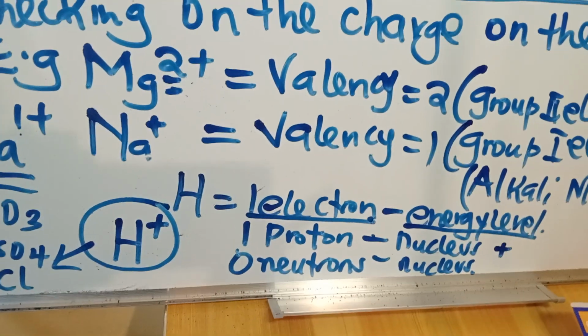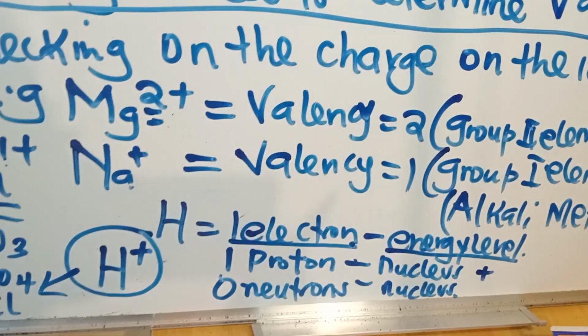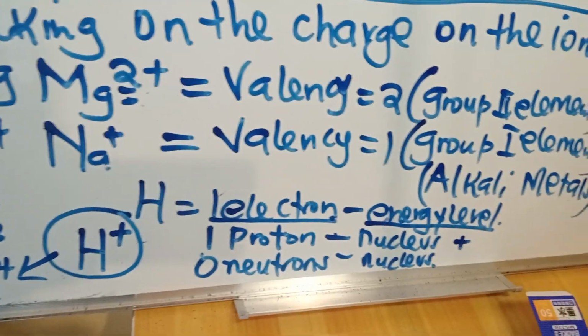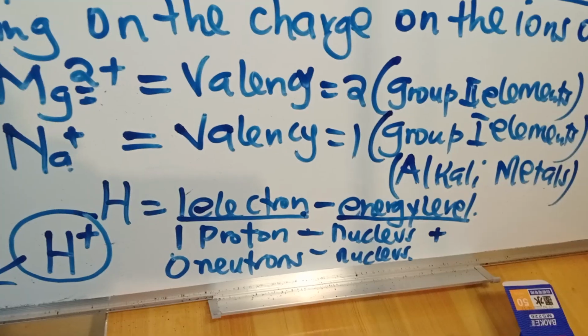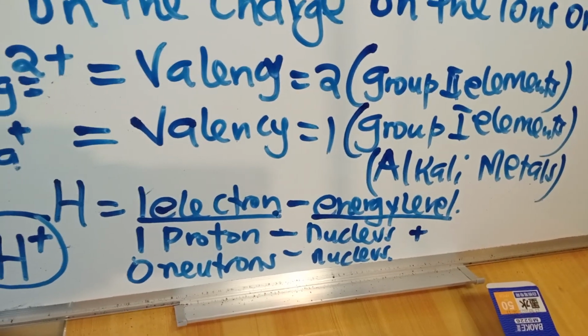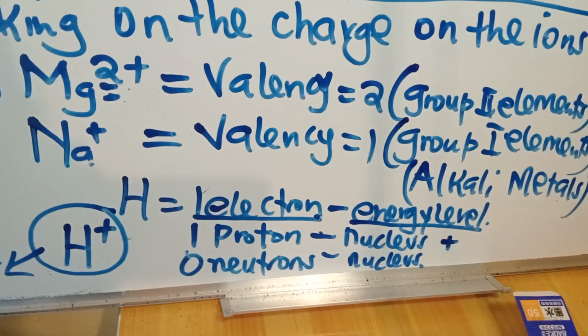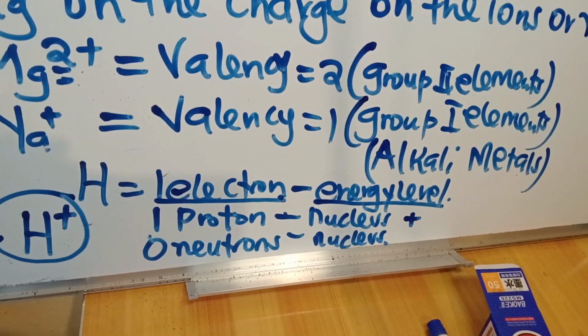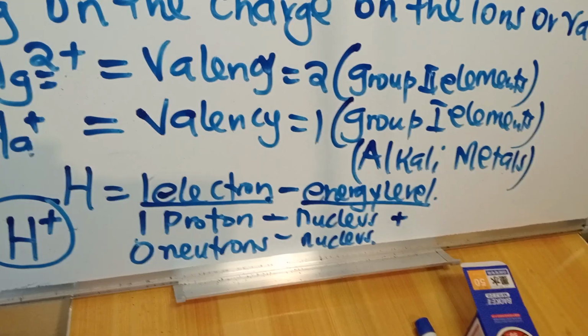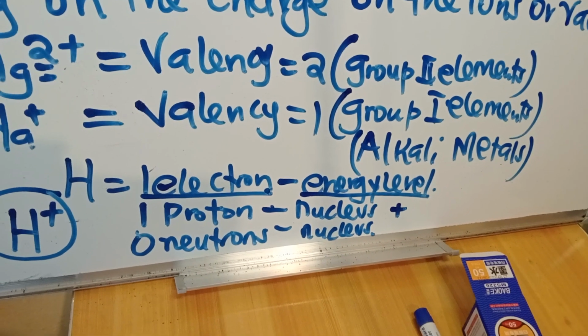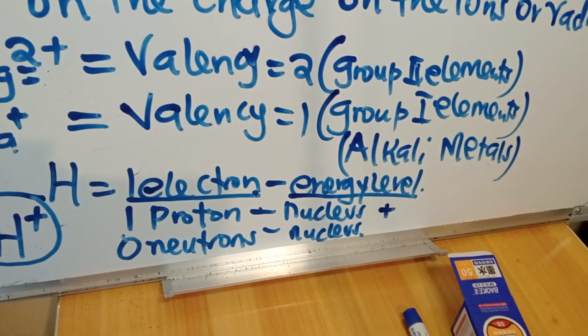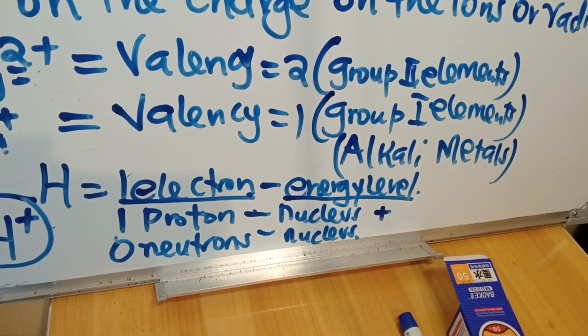If it behaves like a halogen, and like a halogen, it will be behaving by gaining 1 electron, that time it will no longer be written on the left hand side. It will then be written on the right hand side in what we call the hydrides, the metal hydrides.